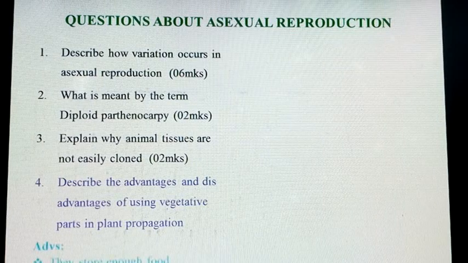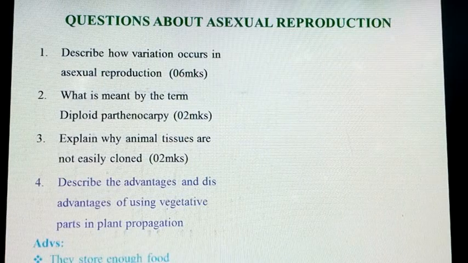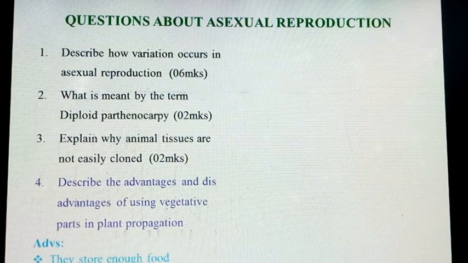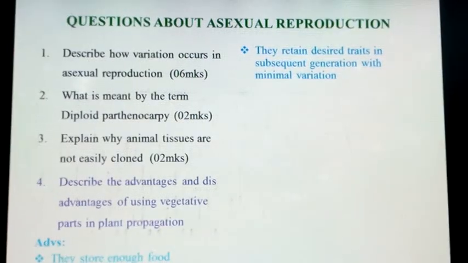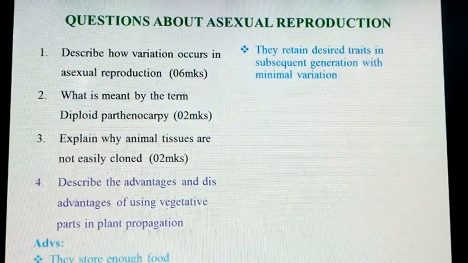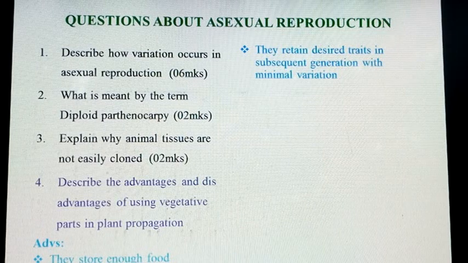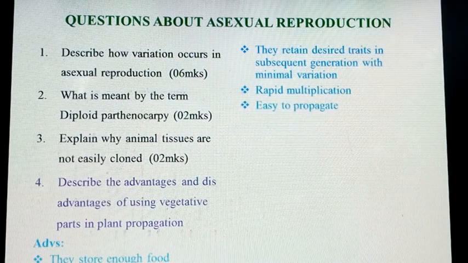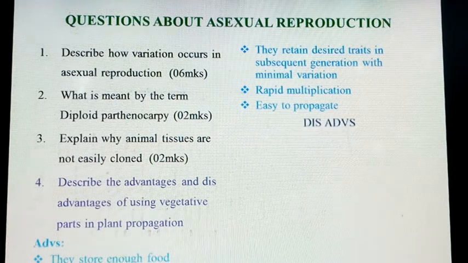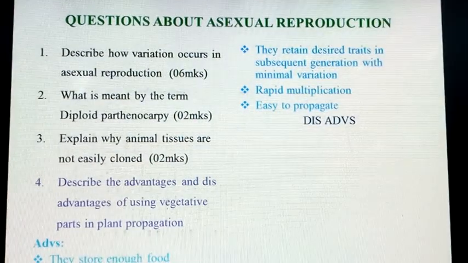It requests for advantages of vegetative propagation, and I have talked about storing enough food, which increases survival of the plant. Then they retain desired characteristics in the subsequent generation with minimal variation, and it allows rapid multiplication of the organism. Easy to propagate because it is easy to use the stem cuttings.